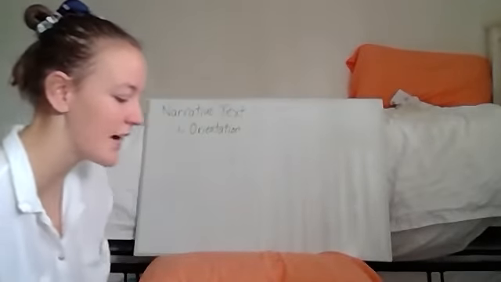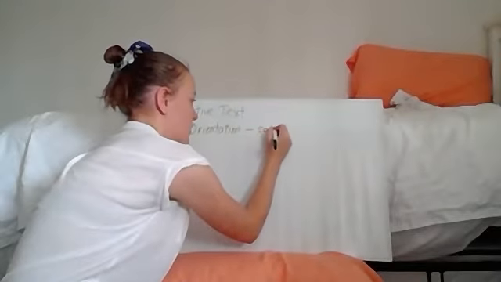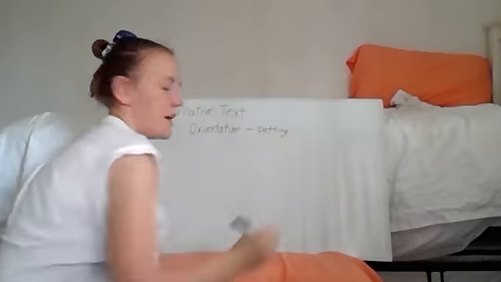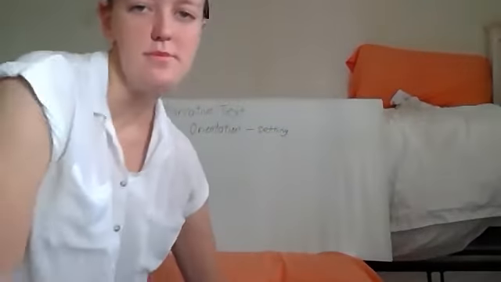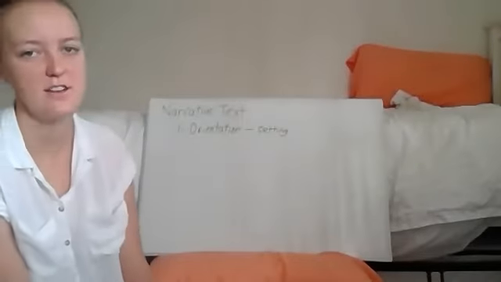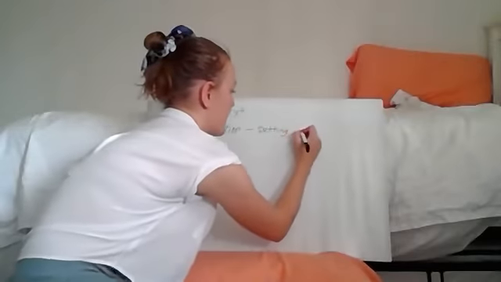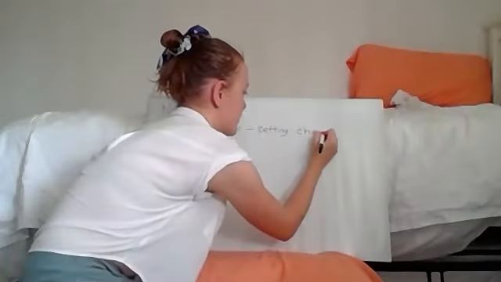So an orientation, it sets up the setting. And what's the setting? So what's the setting? What did I just say? Like the place. Yes, the place. And the characters.